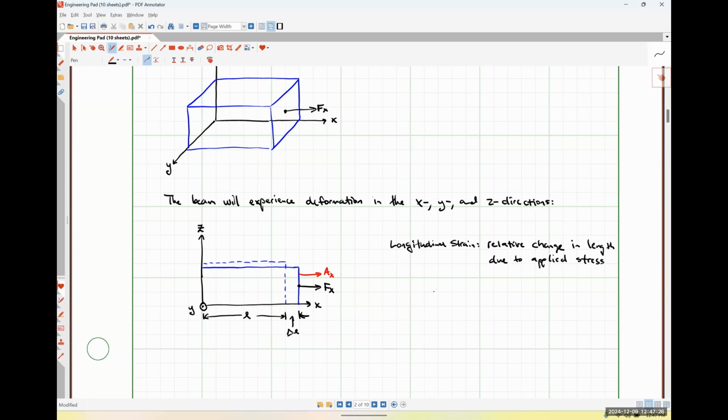And mathematically, we're going to call this SXX, where this is our strain, is simply the ratio of delta L over L.